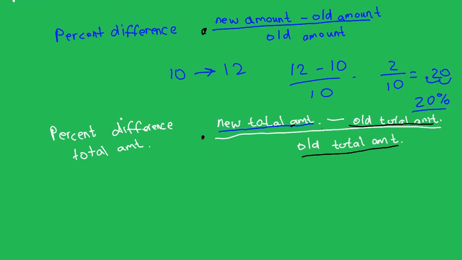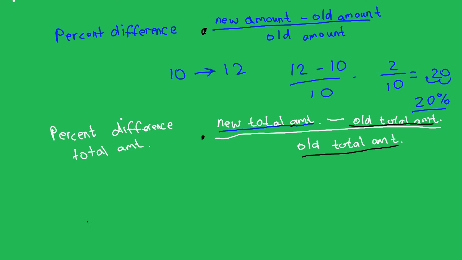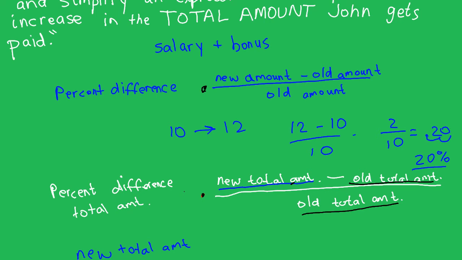So if we want an expression in words for the new total amount, I'll do this in blue since I underlined this in blue. Remember, the general expression for the total amount someone gets paid is salary plus bonus.